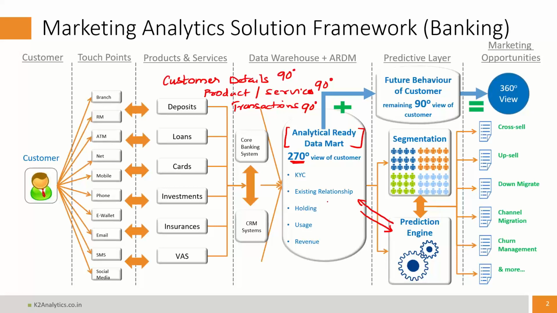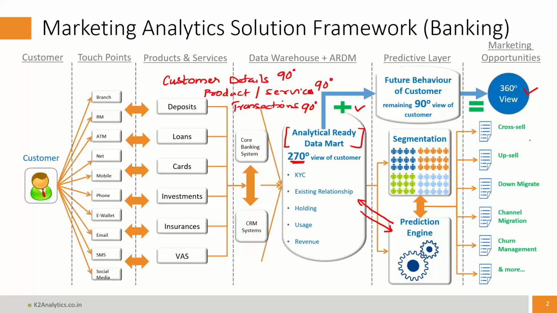Whatever the output of the predictive models, again has to be stored here, and that gives you another 90 degrees, which I have shown here. This additional 90 degrees is predicting the future behavior of the customer. That makes the 360-degree view.